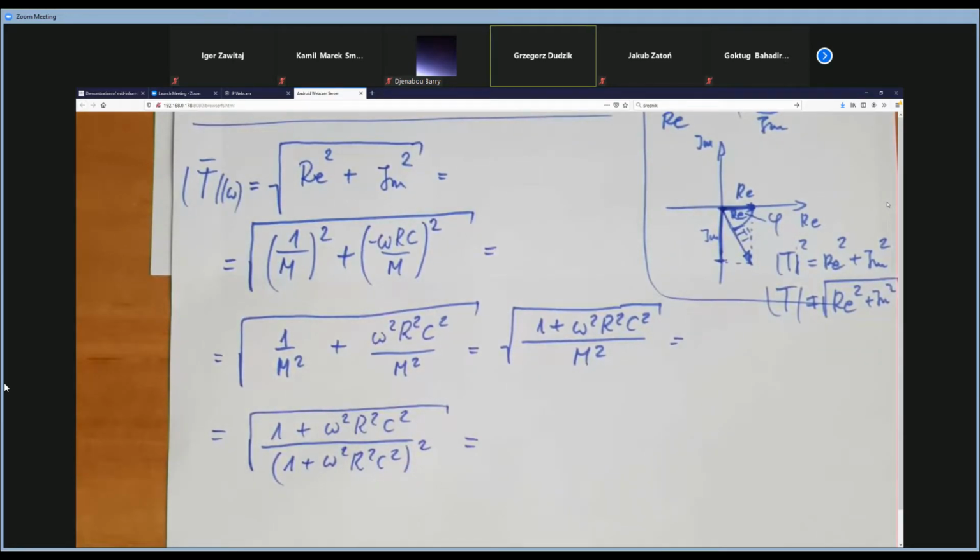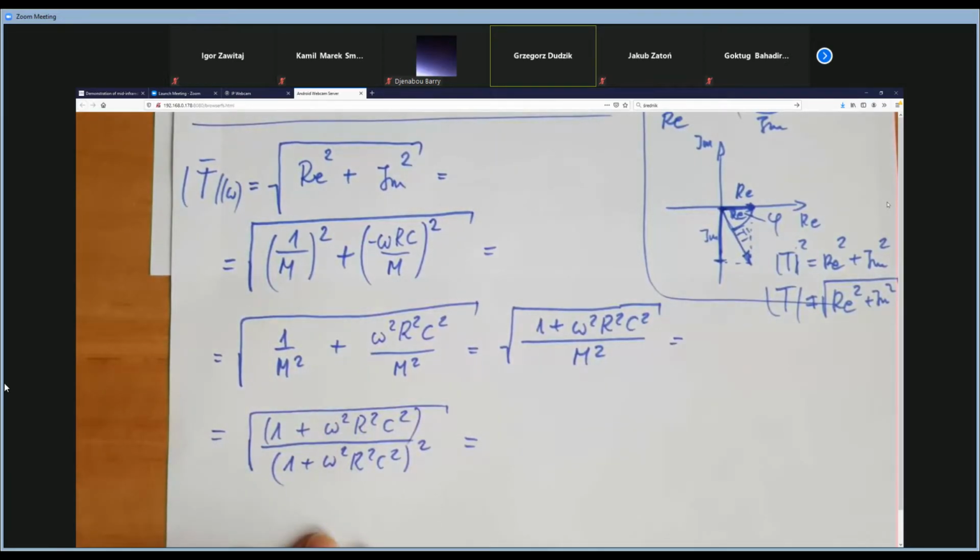Okay, what you can see here, do you see that the numerator and denominator in fact consist of the same expression? I think yes.